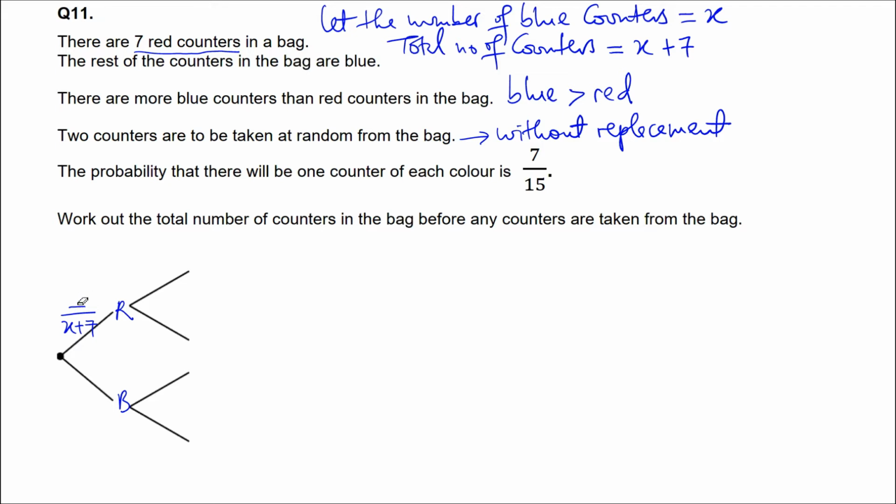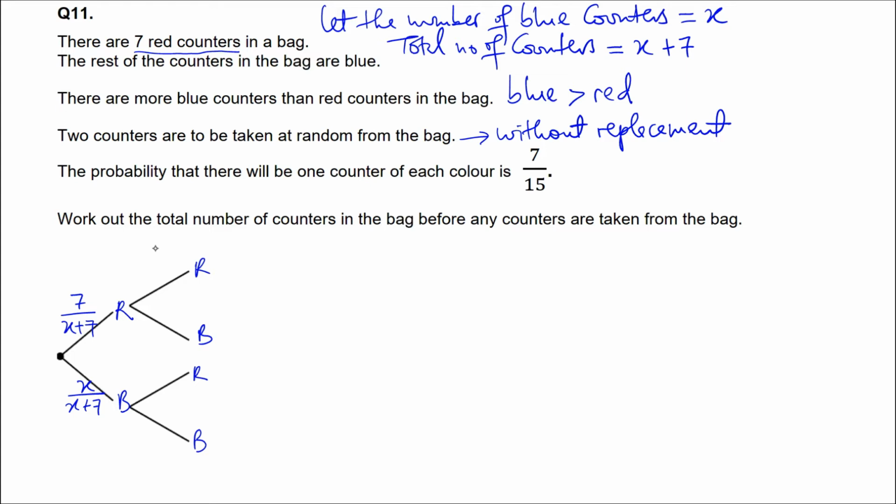Now we know that there are 7 red counters. And the probability of picking a blue will be x over the total number of counters, which is x plus 7. For the second event, again, we can either have a red or a blue counter. The probability of picking a red counter, if the first one was red, the number of red reduces by 1 because this is without replacement.